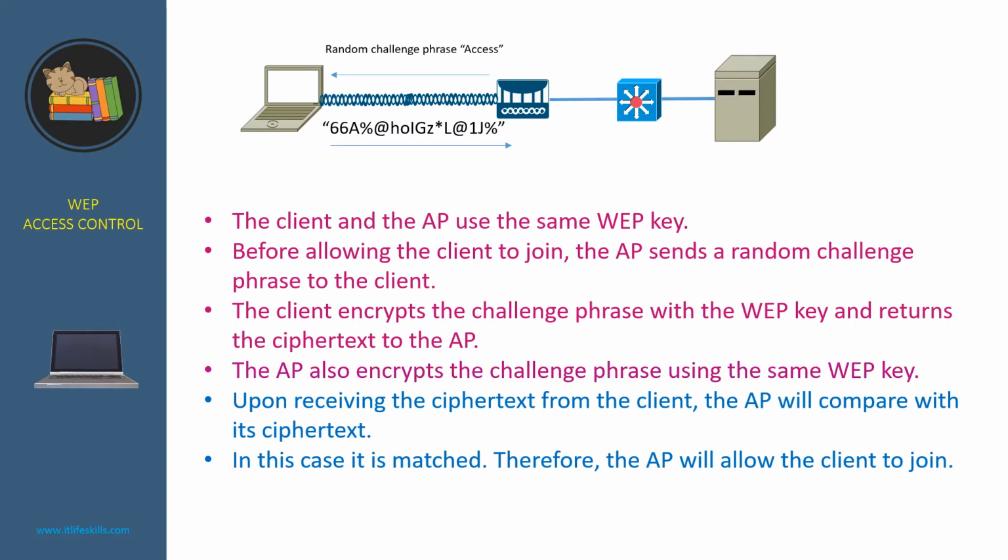The AP also encrypts the challenge phrase using the same WEP key, and here is the ciphertext from the AP. Upon receiving the ciphertext from the client, the AP will compare it with its ciphertext. In this case, it is matched, therefore the AP will allow the client to join.